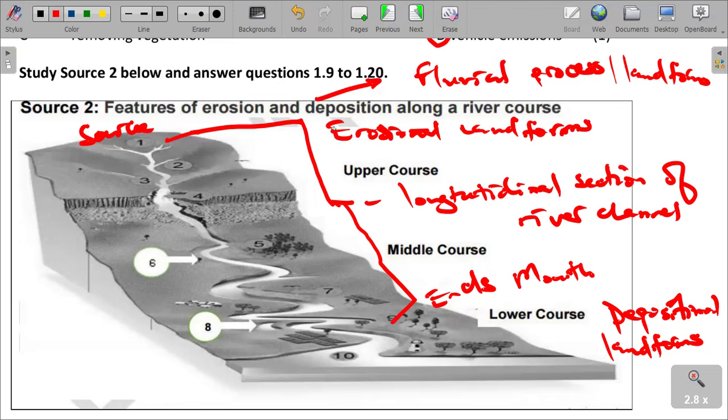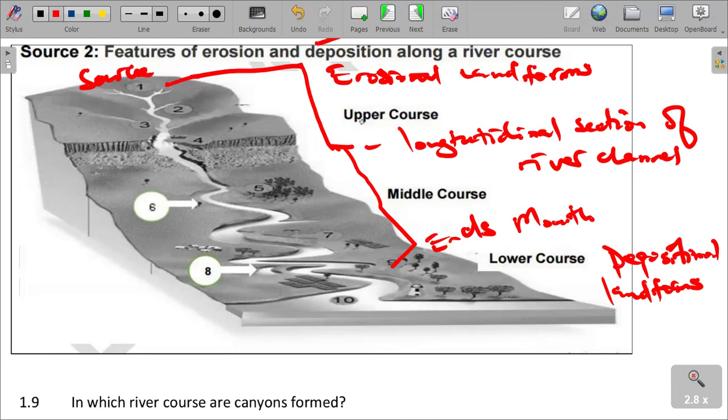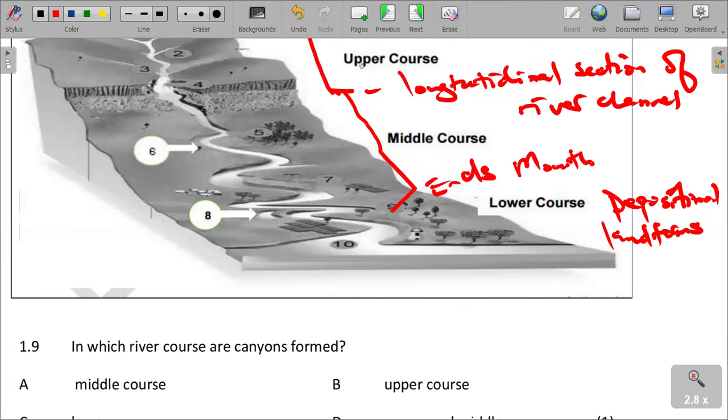I want you to understand that in the upper course, we have such dominating erosion because of the gradient, the terrain, and many other factors that we can attribute to that.